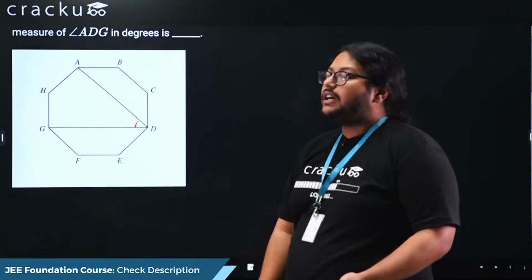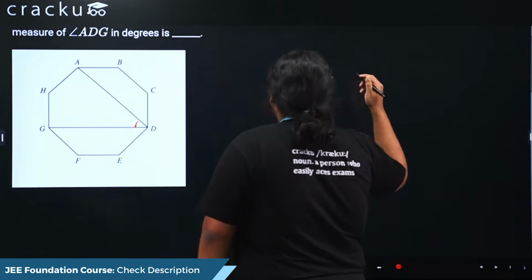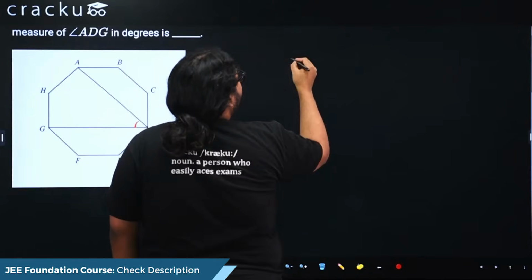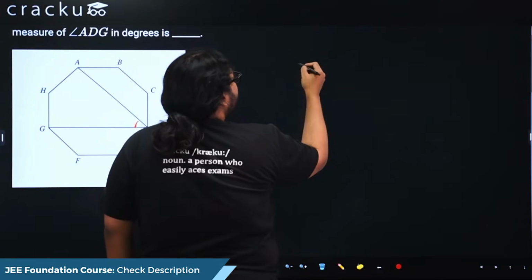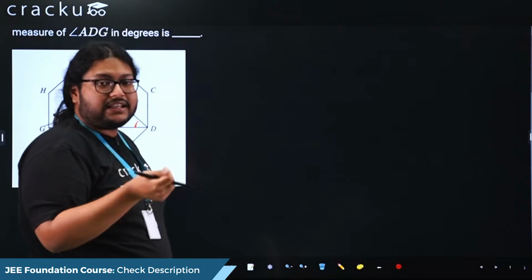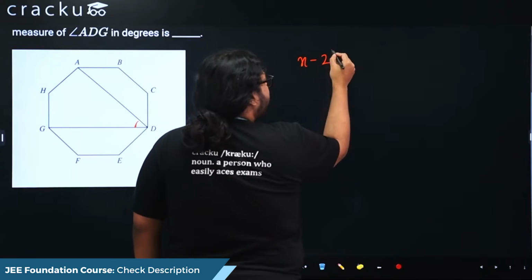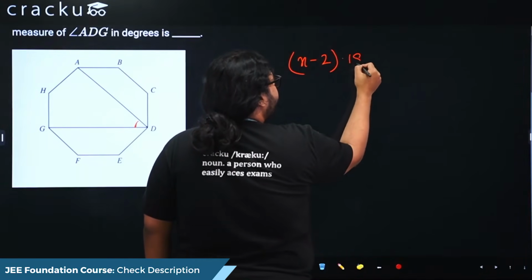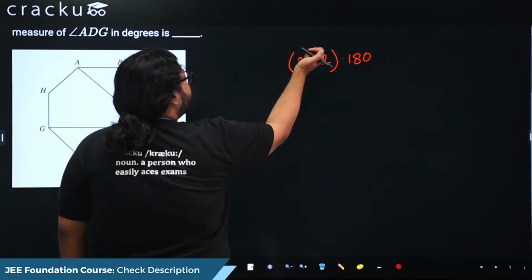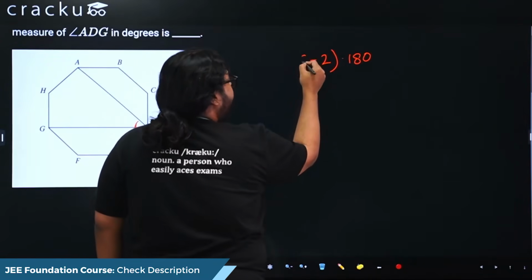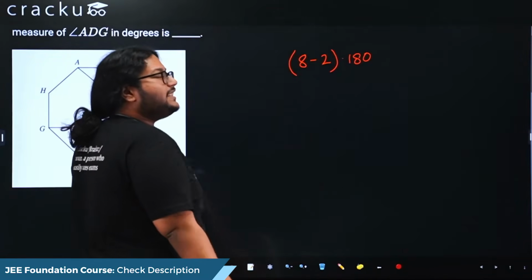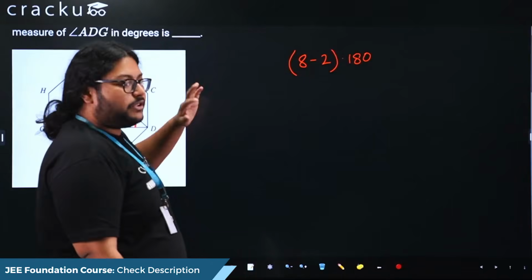Regular octagon, each angle will basically be equal to the sum of all the angles divided equally. Sum of all the angles of an octagon will basically be given by this formula, n minus 2 into 180, and n will be equal to 8, because n is the number of sides, and in an octagon the number of sides is 8.